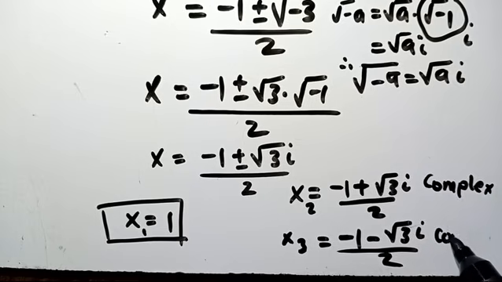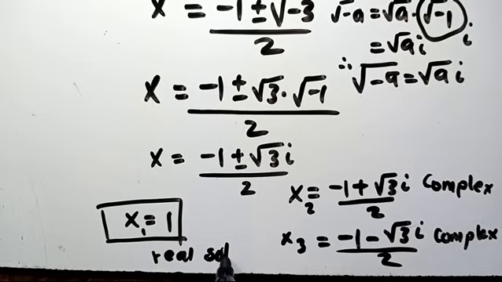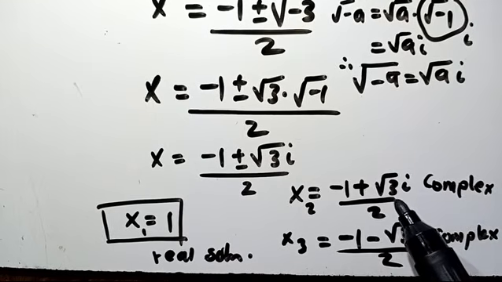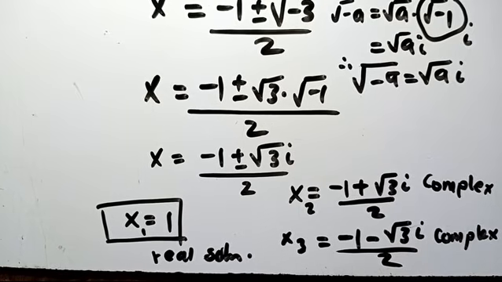Why do we call these complex solutions, and why do we call this one a real solution? The reason for the complex solutions is the i. Why is this one real? There's nothing like i. So obviously we can check.